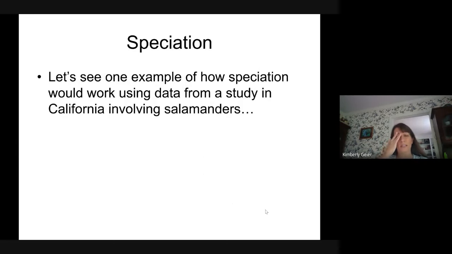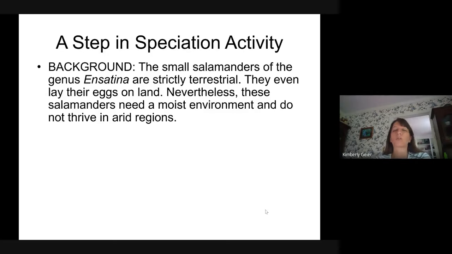So let's see an example of how speciation might work using some real data from a study in California involving salamanders. So a little bit of background about salamanders. There's a group of salamanders in the genus Ensatina, and they are strictly terrestrial salamanders, meaning they don't have any of their life cycle totally in water.